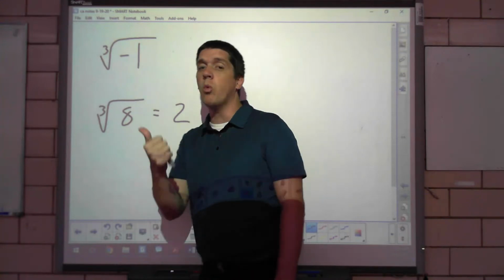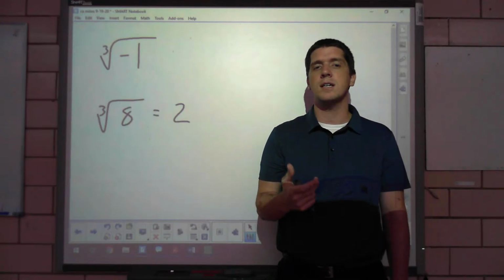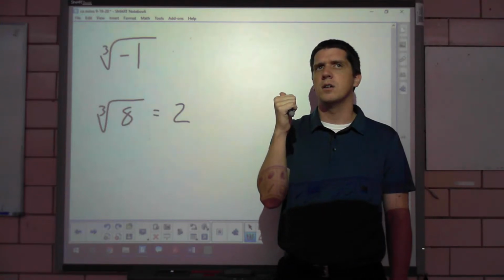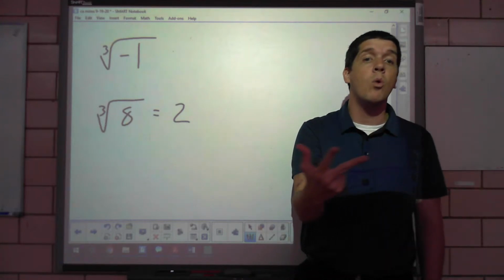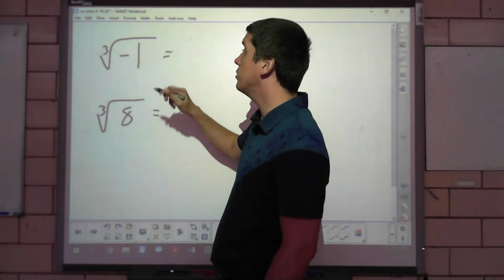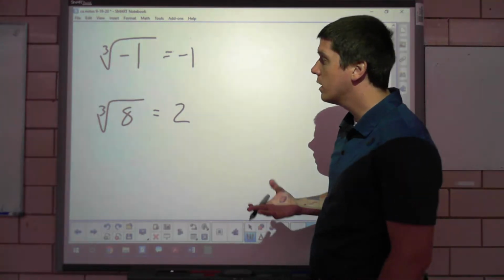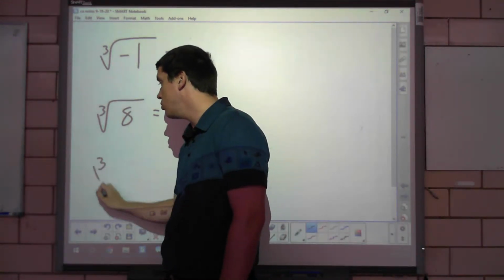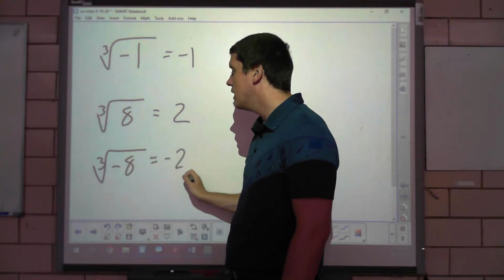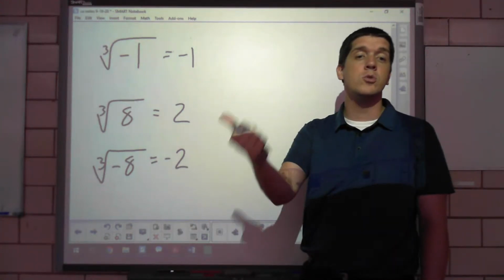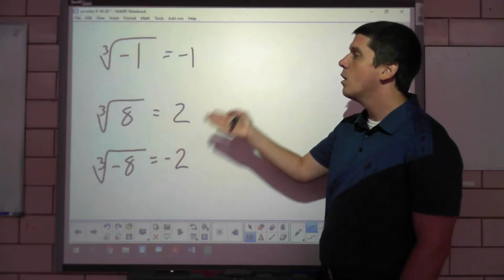So now when I say what number times itself times itself would get us -1, well, if I take -1 times -1 times -1, that is going to be -1. So this right here is simply our answer of -1. If I were to say the cubed root of -8, that's simply going to be -2, because -2 times -2 times -2 would give us -8.